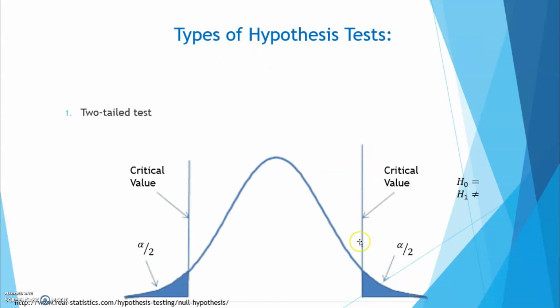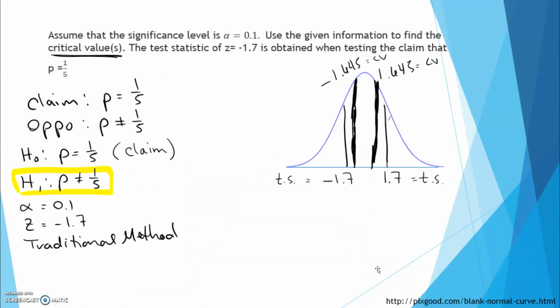Here's our critical value, which means all of this would be our critical region, or we could do it in red since I call it the danger zone.